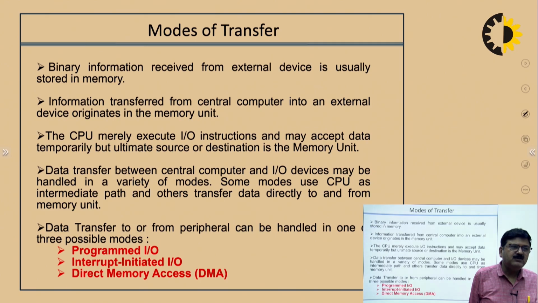Data transfer between the central computer and input-output devices may be handled in a variety of modes. Some modes use the CPU as an intermediate path, others transfer the data directly to and from the memory. So data transfer from peripherals can be handled in 3 ways: program input output, interrupt initiated output, and direct memory access.